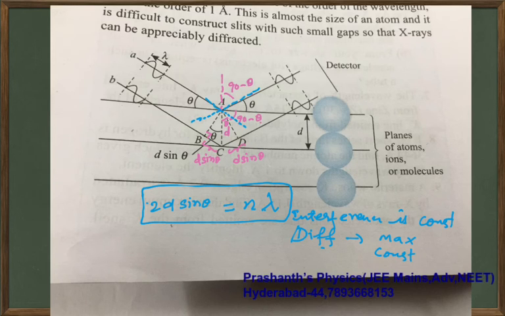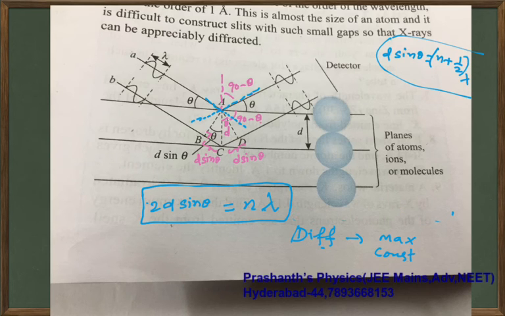We write d sin theta is equal to n plus half lambda for maxima in diffraction, the reverse of interference. So here in diffraction, you don't talk of interference, or you will get confused. It will be the reverse of YDSE.